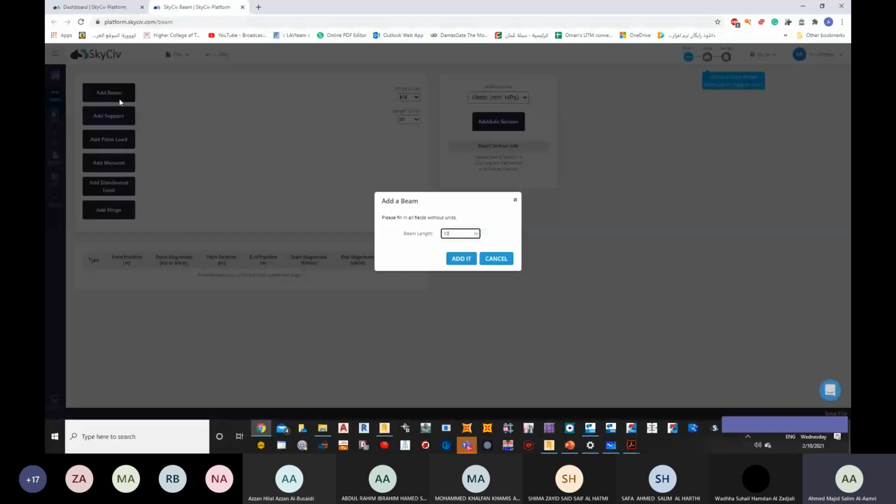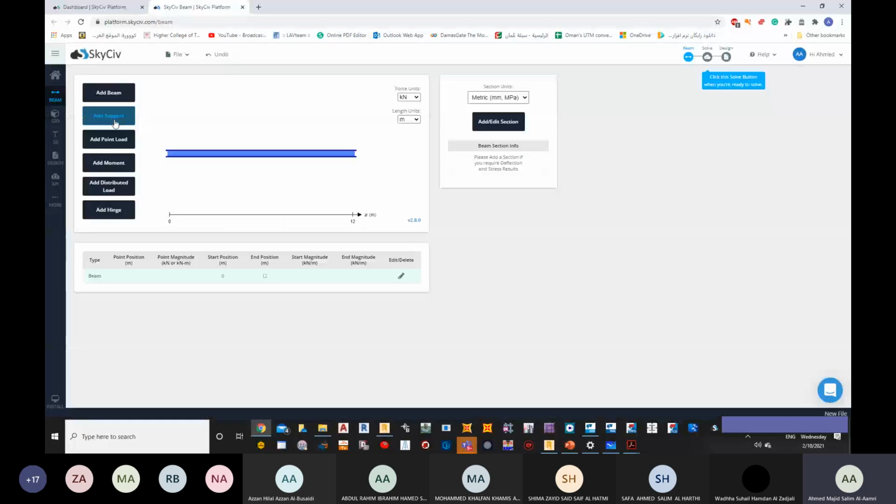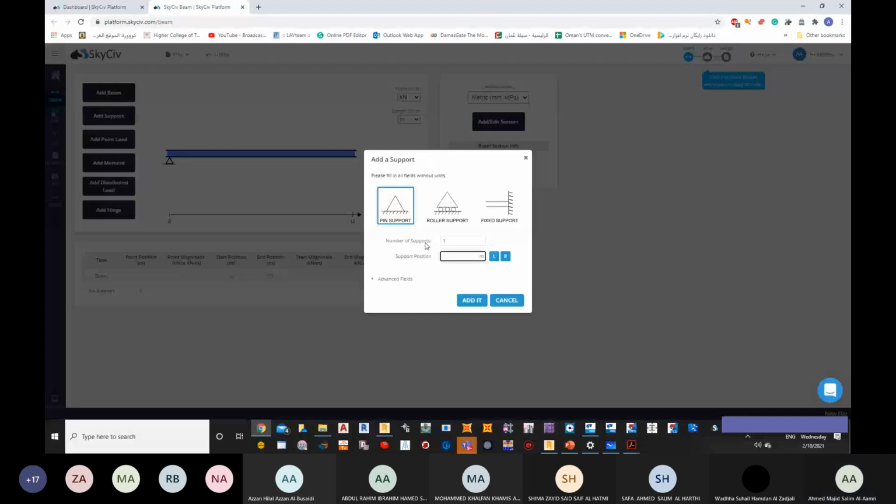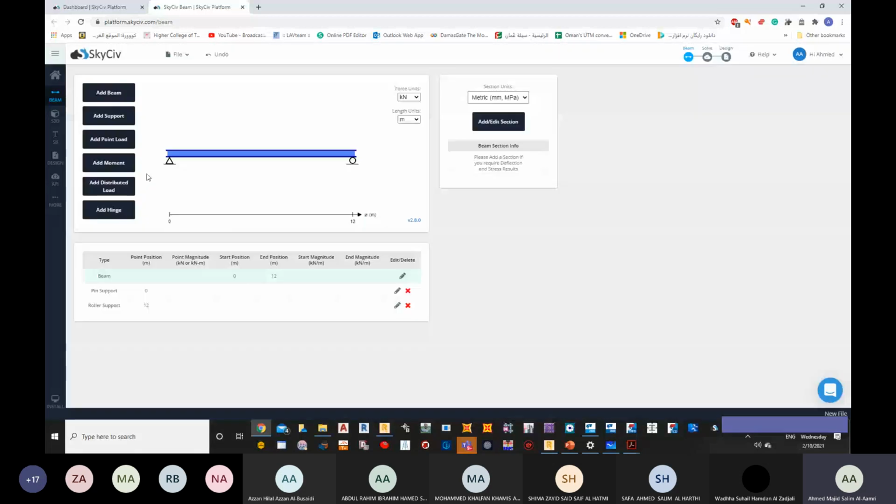So, for example, if I wanted to have a beam of 12 meters, then I'm going to apply a pin support on the left side, and another support on the right side, which is a roller support. Putting a distributed load of, for example, 5. Now you can see that this is easy to analyze. You can use wL square over 8 directly to get the values.